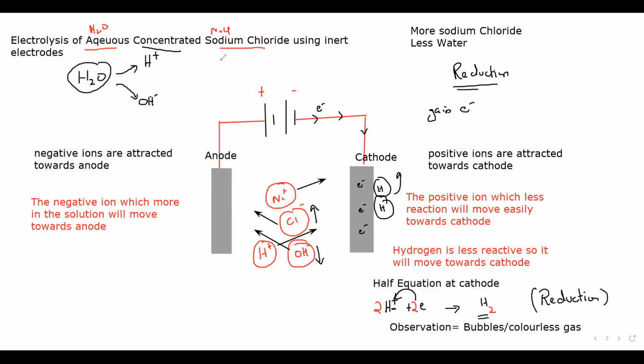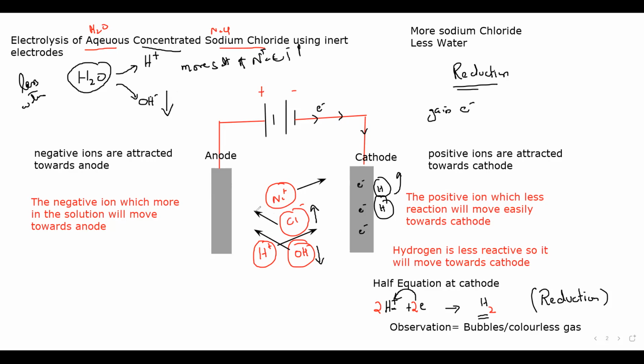Concentrated sodium chloride means less water, or less water means less OH ion, and more salt is there. More salt means more sodium ions and more chloride ions. So when we check the negative ions, the ones which are more in the solution will move towards the anode.